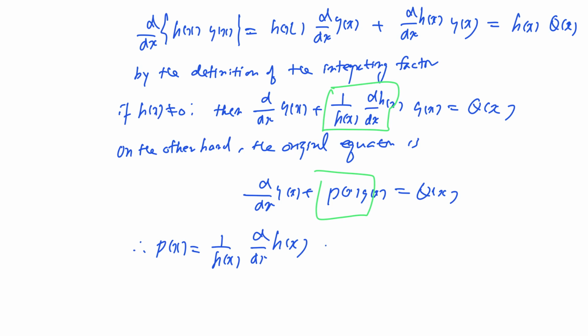And 1 over h(x) times dh/dx is the logarithmic derivative, d/dx of log h(x), right?